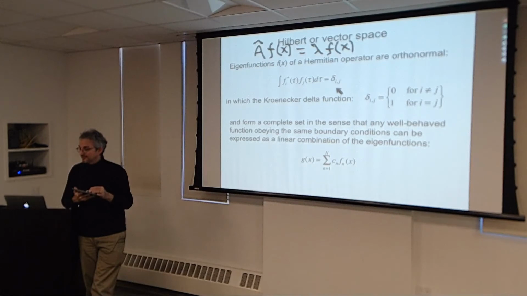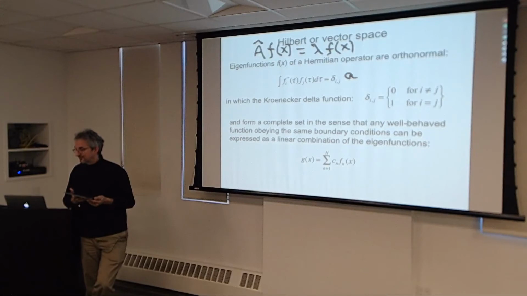We get 0 if the two eigenfunctions are different from each other, and we get 1 if they're the same and they're normalized. More generally, we might get some number times the Kronecker delta if we didn't normalize the wave functions. And this is always true for Hermitian operators.